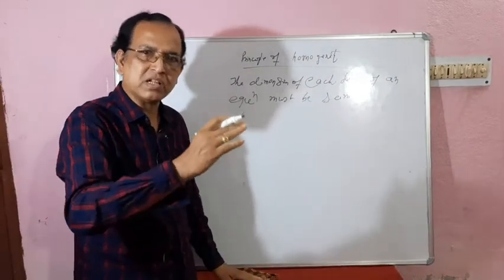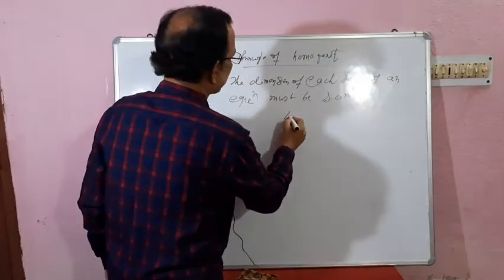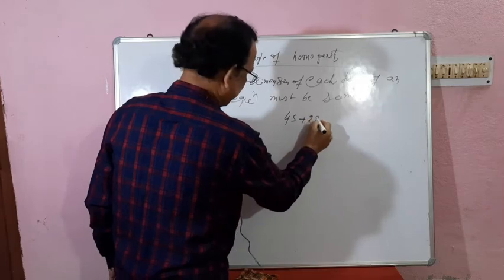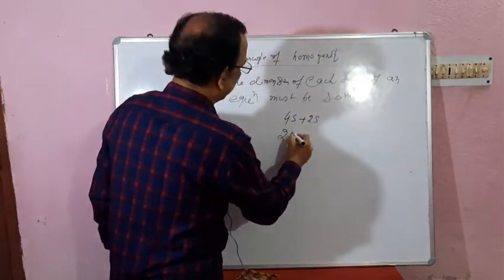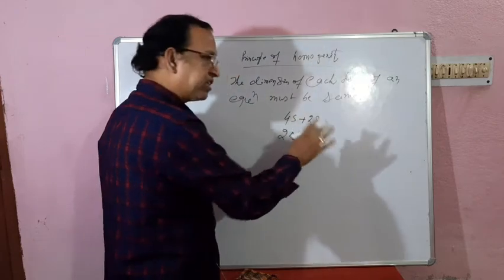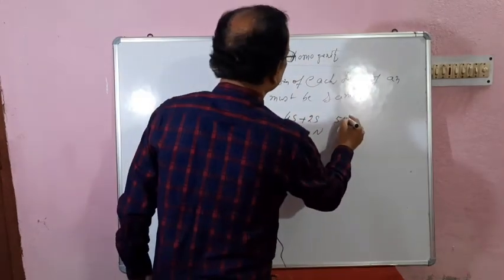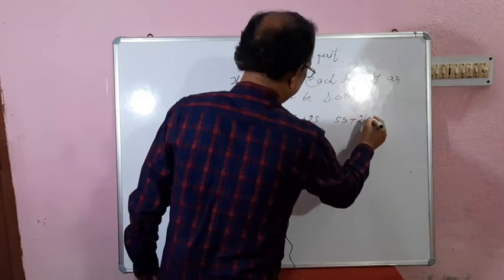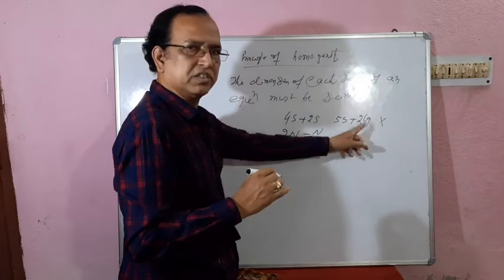So same dimensions can be added or subtracted, like 4 second plus 2 second, it can be added. 2 Newton minus Newton, it is correct. But 5 second plus 2 kg is wrong. So the dimensions are not correct.